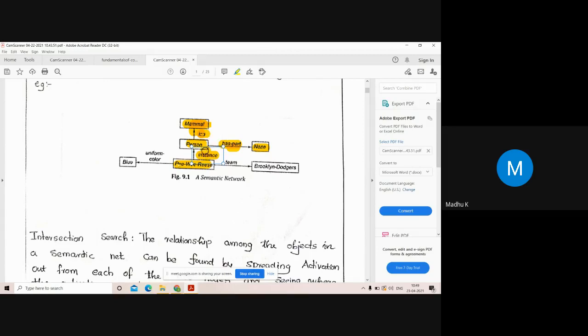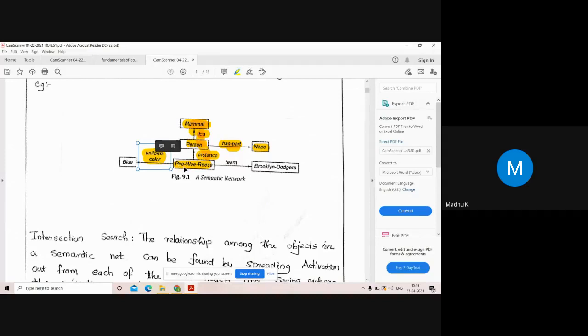We discussed the is-a and instance relations. These are the types of relations we commonly use, and we can use other relation names also, depending on the problem. We can give different arc names.